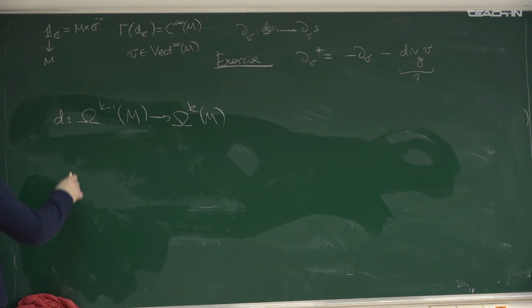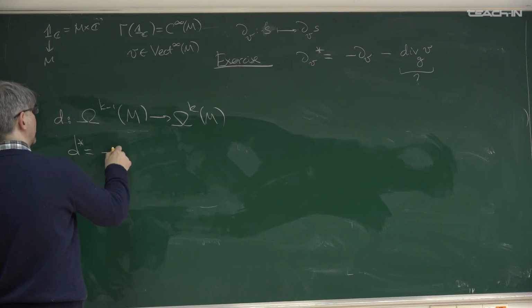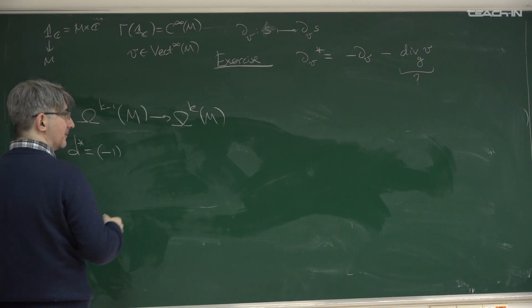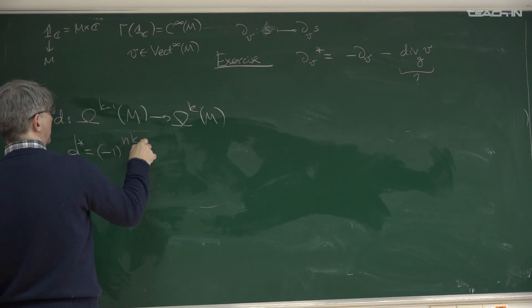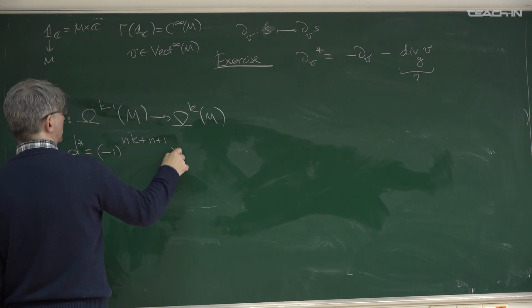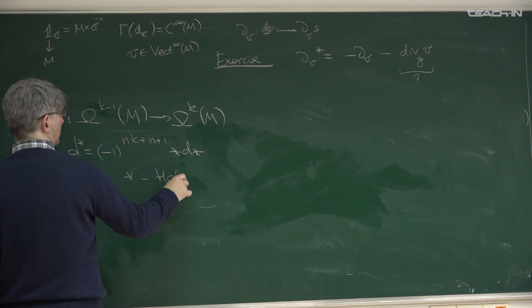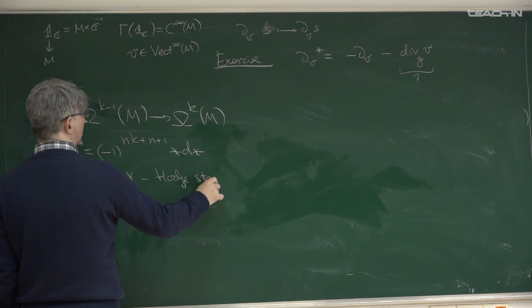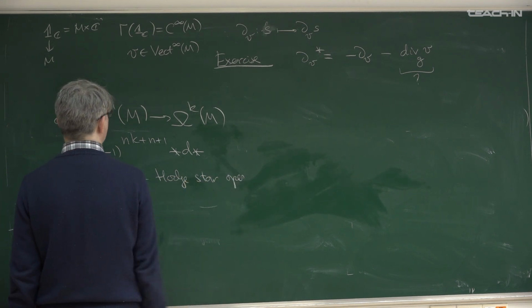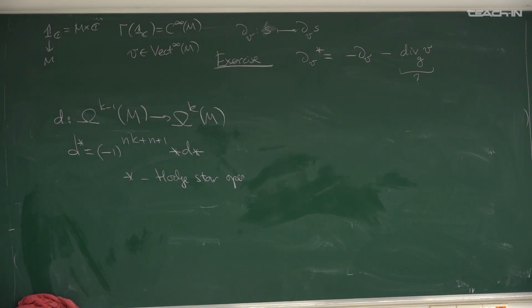It also has a formal adjoint. Let me try to write it from memory: minus one to the power nk plus n plus 1, star d star. Star is the Hodge star operator.